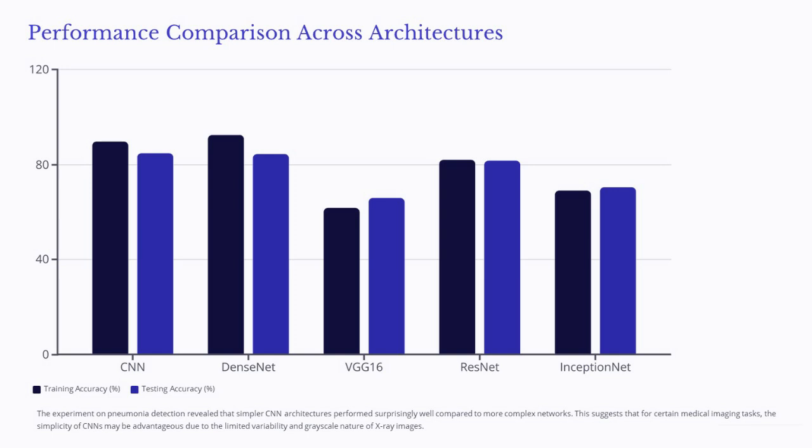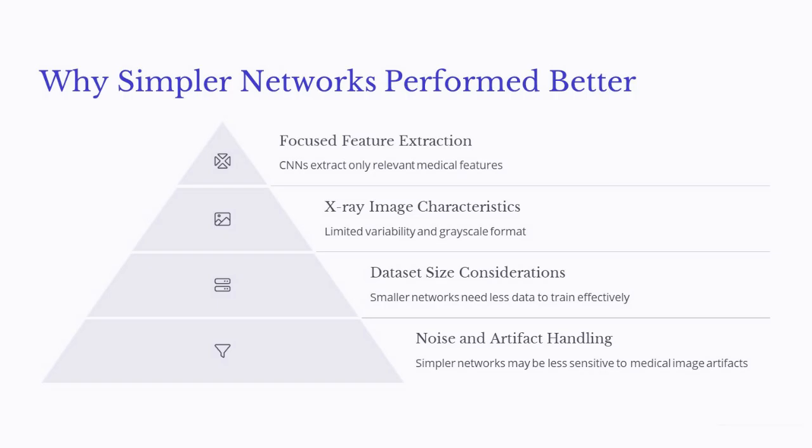But why do the topologies of deep neural networks, which usually demonstrate better results working with images, demonstrate such low results?